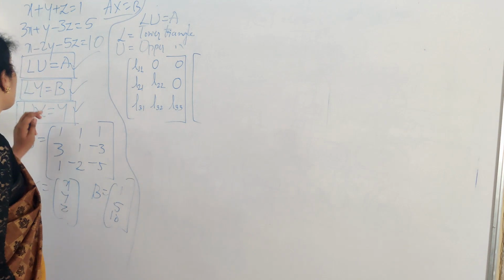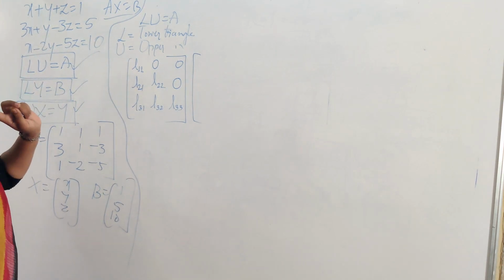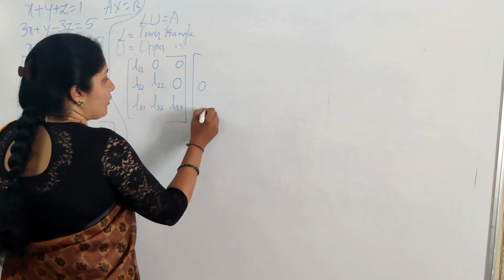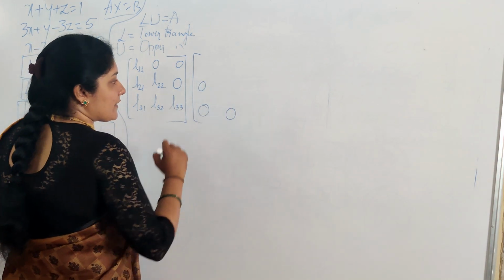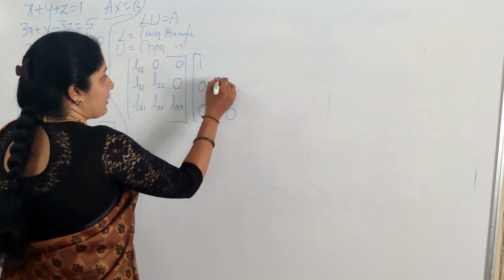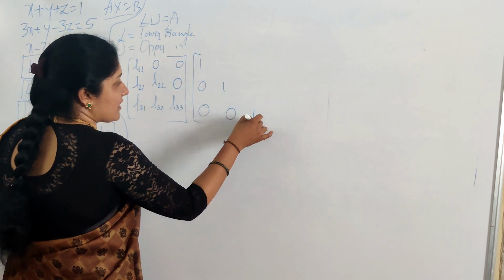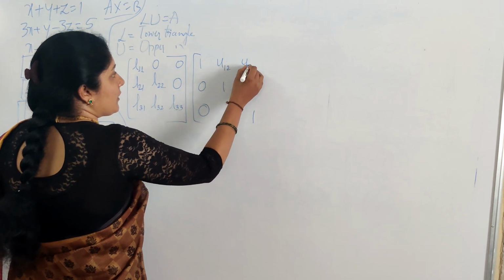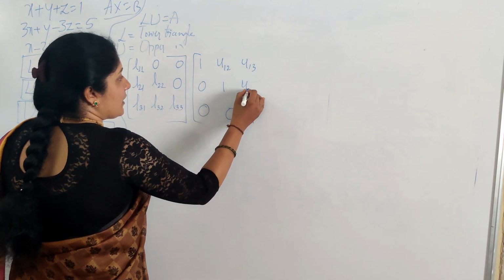Into U. U is the upper triangular matrix, but here the lower triangle elements are 0, and the principal diagonal elements are 1. Now the remaining elements are U12, U13 and U23.